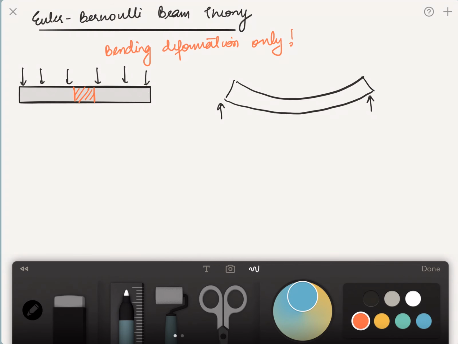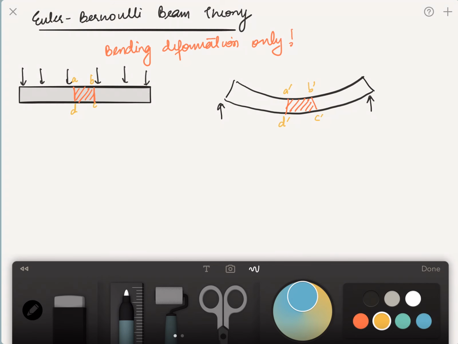But what you need to consider, why this problem fits into the Euler-Bernoulli theory, is that let's consider that there is this small section in the beam, and you have this element ABCD. Okay, this small section is called ABCD, and once the load is applied on it and the beam bends, then you will of course have a deformation. Sort of looks like this, and there are new coordinates for A, B, C, D, which I'm going to dash.